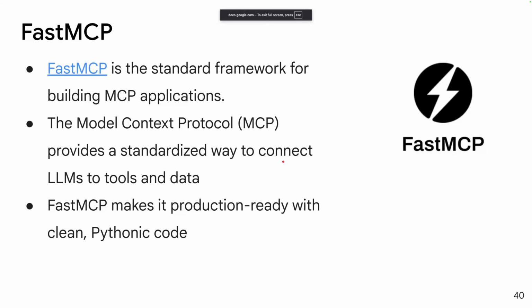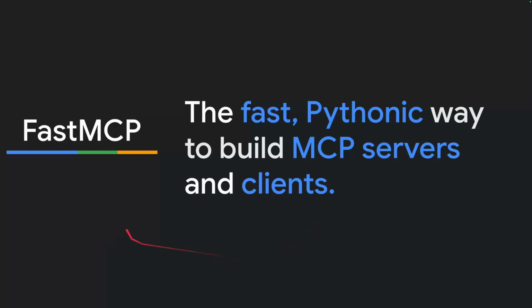So what is FastMCP? FastMCP is a standard framework for you to build your MCP application. It allows you to connect to LLM tools, and with FastMCP it's very easy to write production-ready, clean and Pythonic code. Basically, FastMCP is a fast Pythonic way for you to build your MCP server and your MCP client.